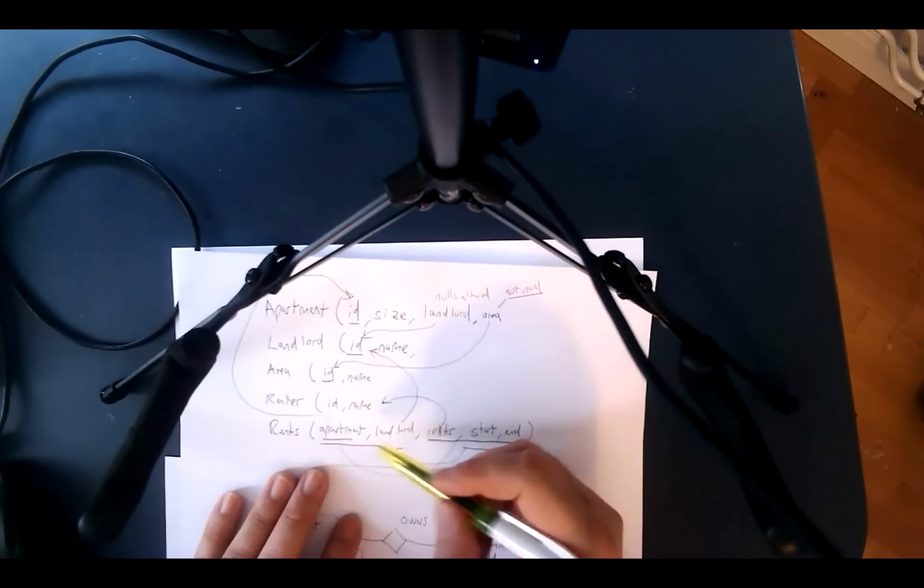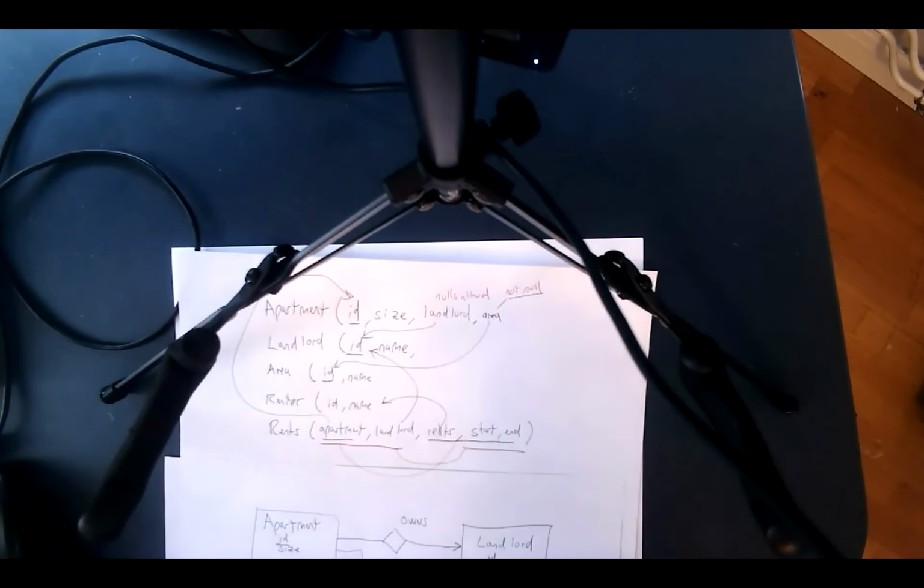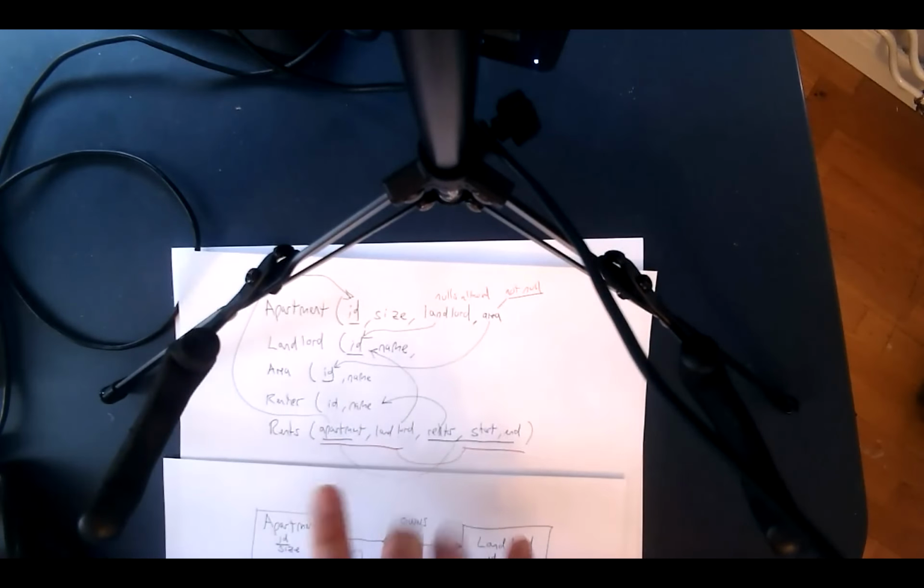This is way beyond the scope, and you don't do this for lots of reasons. But it's good for us to start thinking of these things, because these determinations of what can be the key and what can't be the key are going to be critical and central to normalization theory when we do it.